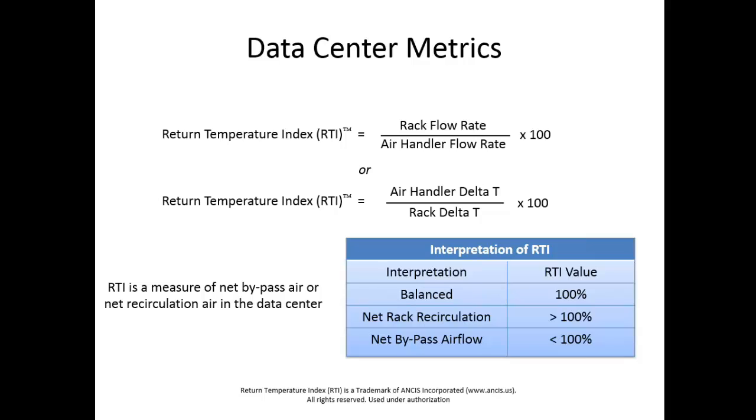If, however, it's greater than 100%, then the rack flow rates are going to be higher than the air handler flow rates, and you're going to have a net rack recirculation. The air handler doesn't have enough air to supply to the racks. Therefore, the servers in the rack only have one of two choices.